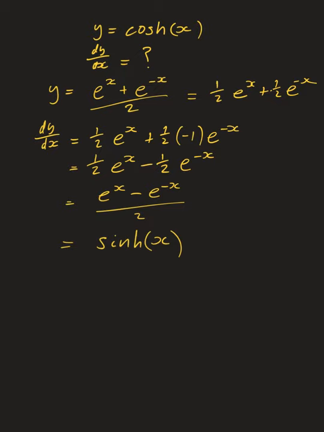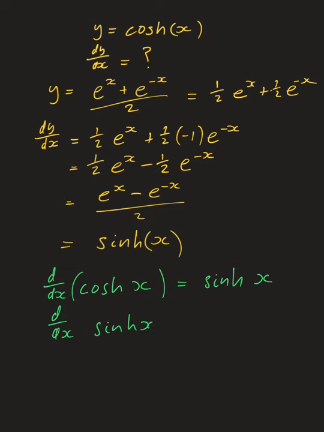So now we've established that the derivative of the hyperbolic cosine function of x is equal to the hyperbolic sine function of x, and that the derivative of the hyperbolic sine function of x is equal to the hyperbolic cosine function of x.